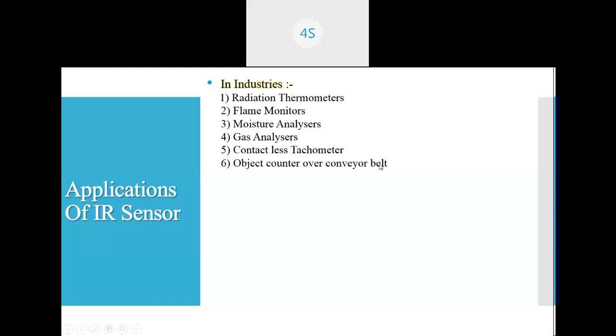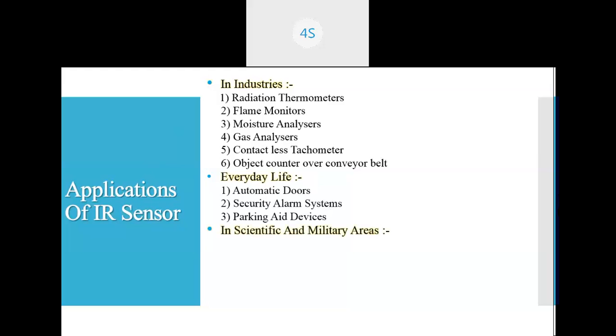And for object counter over conveyor belt, it is mainly used in industries where there are many objects to be counted. When an object passes the IR sensors, it does not get any type of reflection. But if there is no object, then it will get transferred to the photodiode. In everyday life, it is used in automatic doors, security alarm systems, that is the PIR sensor, and parking aid devices.